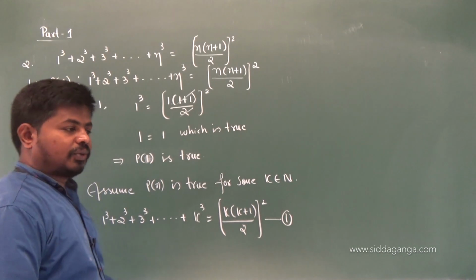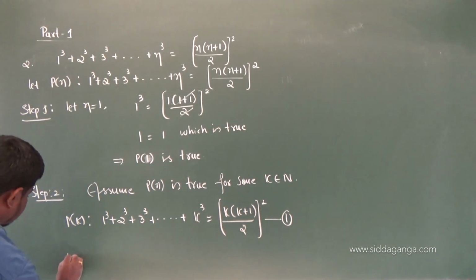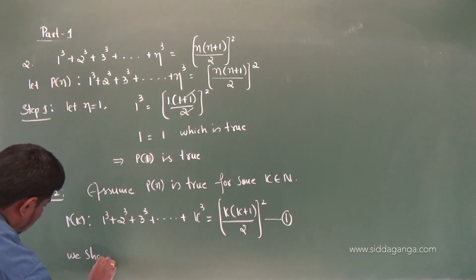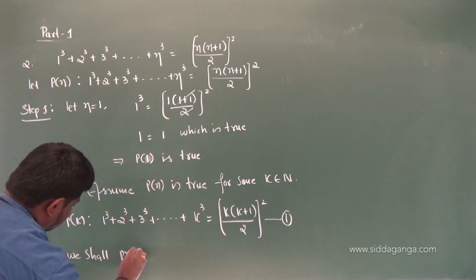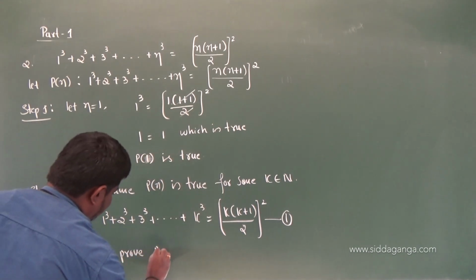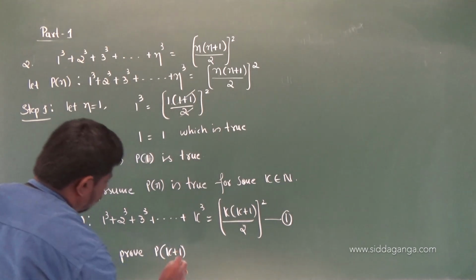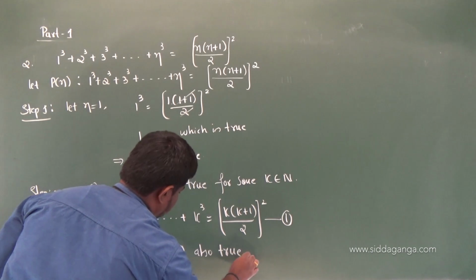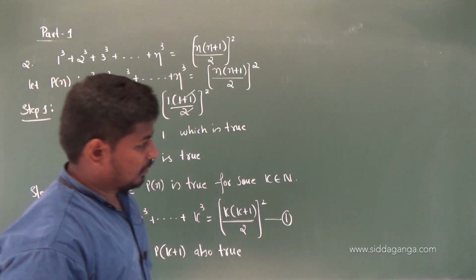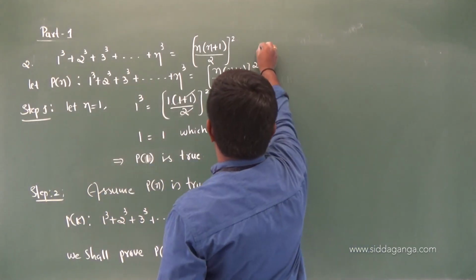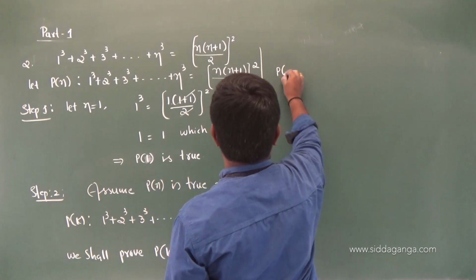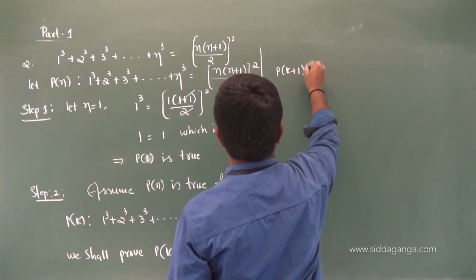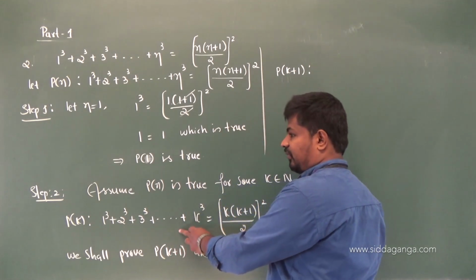So what is the next step? We shall prove P of k plus 1 also true. Okay? So what is P of k plus 1? So P of k plus 1 is, this is true for some k number of terms.